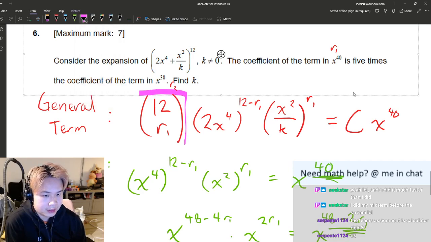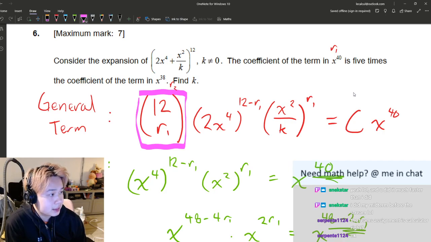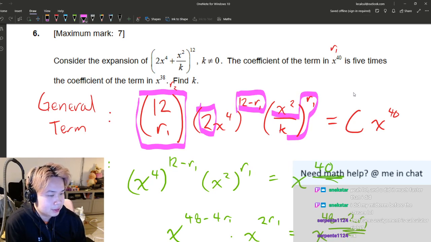Obviously, it comes from Pascal's coefficient. It also gets multiplied by a 2 to the power of 12 minus r. And then there's this factor of 1 over k as well. So all three of these multiply together to create the coefficient for x to the power of 40.